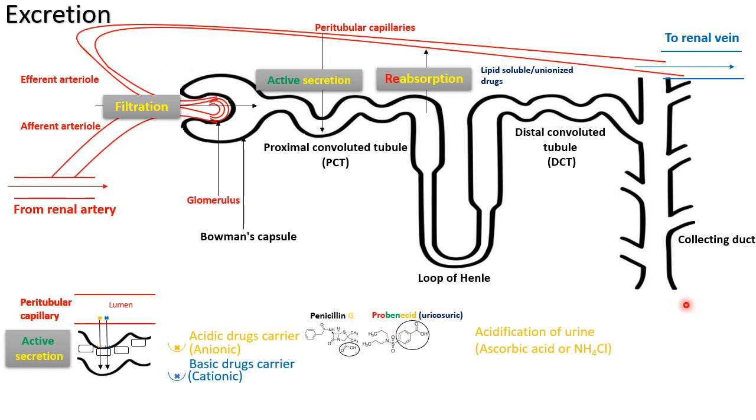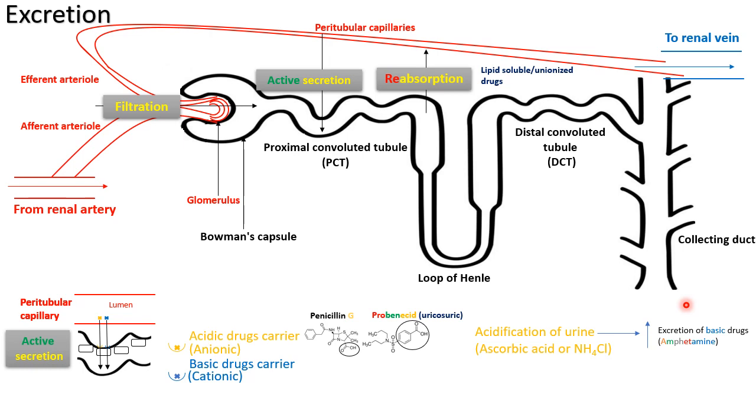Is that clear? Okay, so acidification of urine to increase the excretion of a basic drug is done through ascorbic acid or ammonium chloride. An example for that is the drug amphetamine.